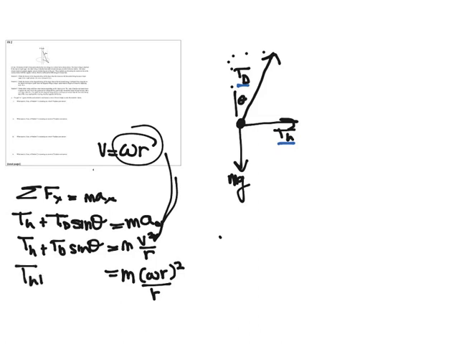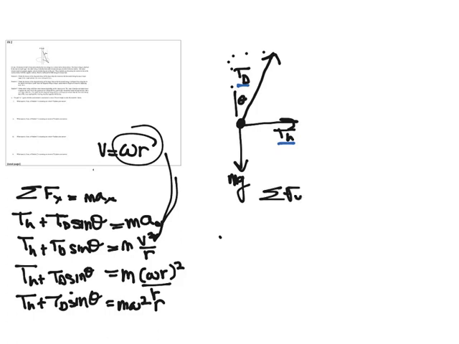I end up with m omega squared and an r on top because I have r squared on top and r on the bottom, and they cancel, so I have TH plus TD sine theta equals m omega squared r. On the other side, I have sigma Fy equals may.